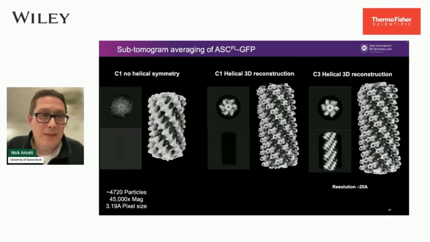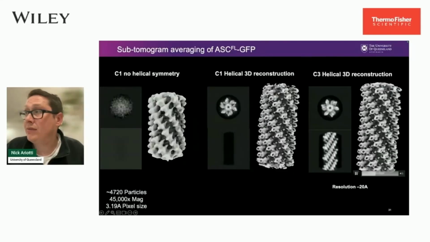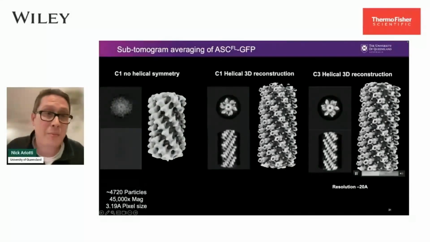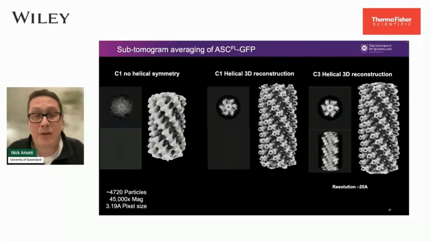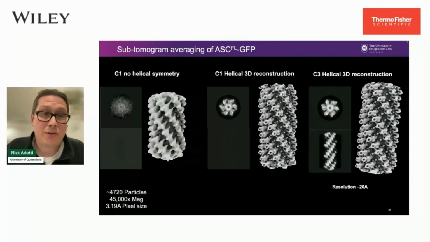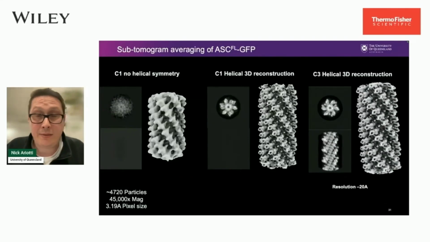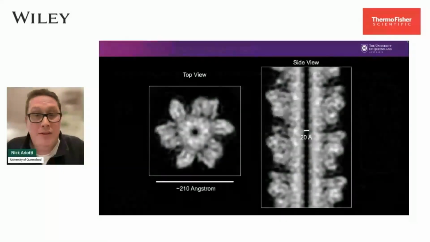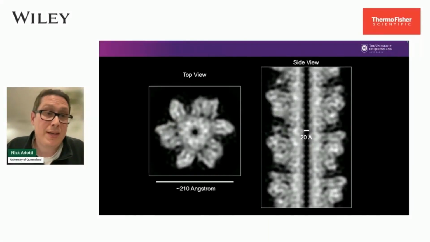What I hope you can see here are these ring domains around the outside of our ASC filaments. We think these are in fact the beta barrel of the GFP. So we think we can place the GFP, but unfortunately the resolution here is just too low to be very definitive about anything. So this is the overall structure that we've resolved. We have a flower-like structure that is 210 angstroms wide.